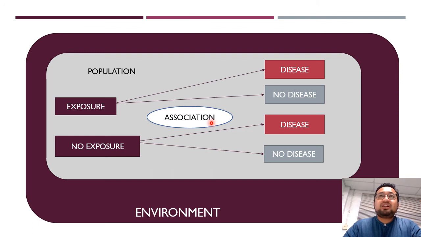Dan kita boleh tahu adakah association tu from one risk factor ataupun dia kena ada dengan risk factor yang lain untuk menyebabkan disease. Dan kenapa orang yang ni ada disease and tak disease pun kita boleh tahu bila kita adjust. Oh, kalau age macam ni lagi banyak pada disease, age macam ni walaupun expose tak ada pada disease. So all of this needs the knowledge of epidemiology, application of knowledge of epidemiology.